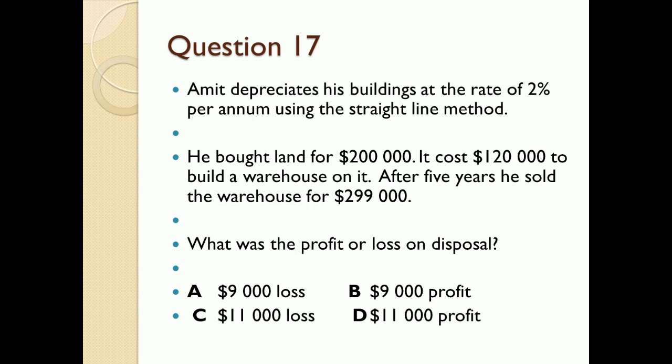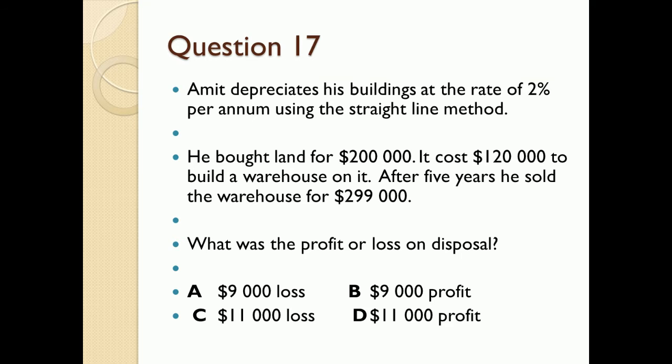After 5 years, he sold the warehouse for 299,000, including land. We have to find out whether he has any profit or loss. See boys, for every year 2% of 120,000, that is 2,400 for 1 year, and for 5 years how much is the amount?